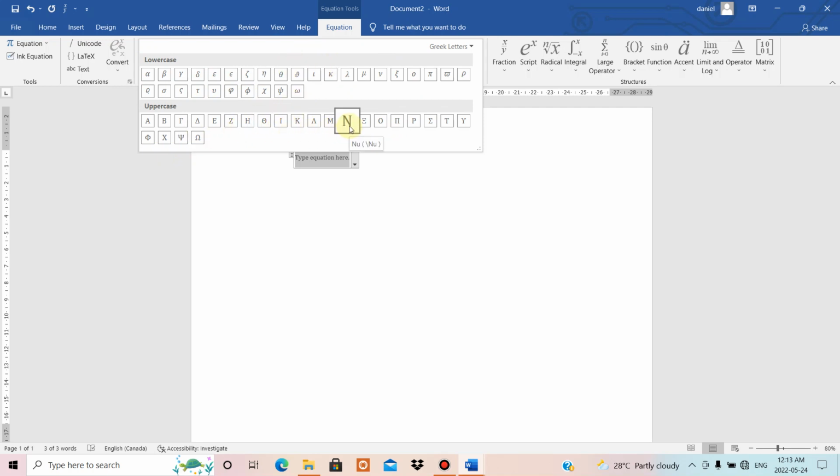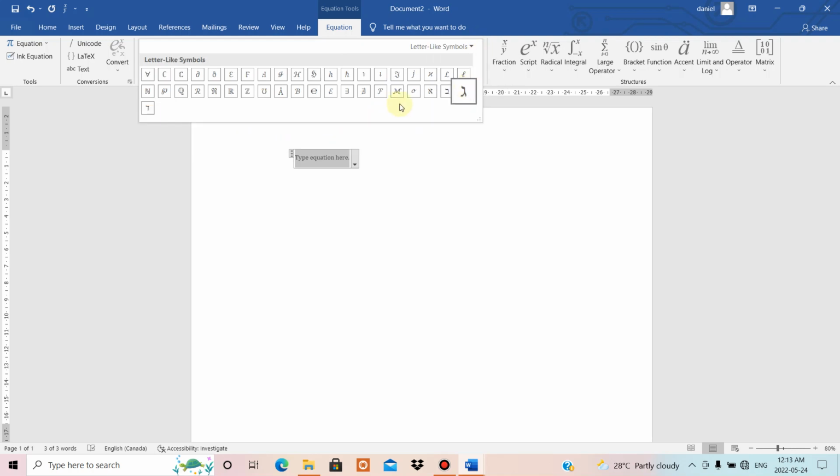They are all under the symbols. So you use this side to change them. Now, if you want a letter-like symbol, this is how they look. So letter-like symbols, you come here, and any symbol that you need for your expression, you can find it here.